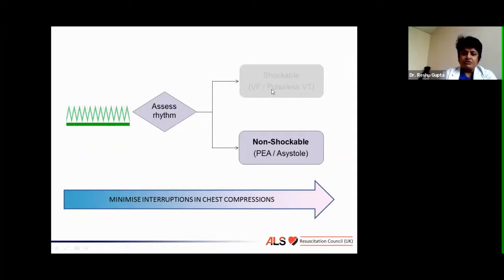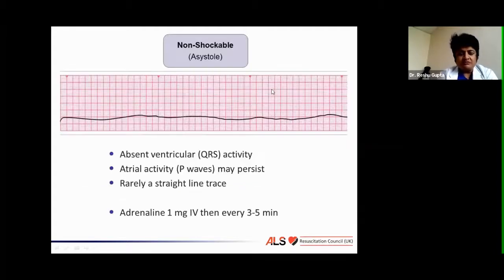Now for the non-shockable rhythms, that is pulseless electrical activity and asystole. Again, you assess the rhythm after 2 minutes of CPR. When you see it's non-shockable, for example asystole, where you get a flat line, where ventricular activity is not present and atrial activity is not present, you give adrenaline every 3 to 5 minutes and continue with the CPR.